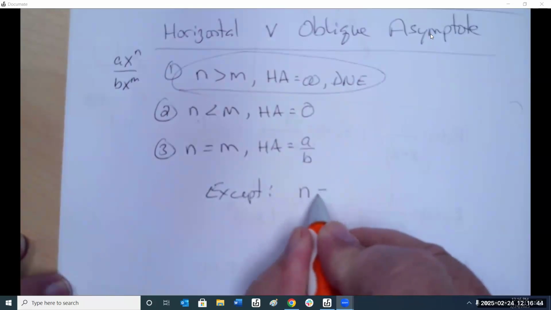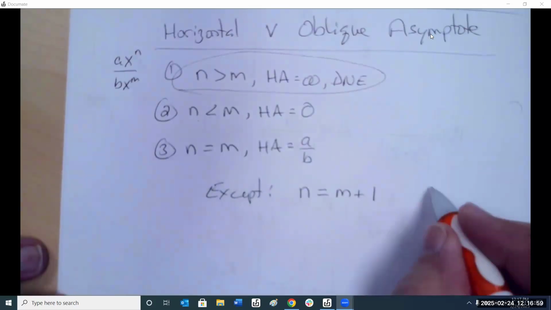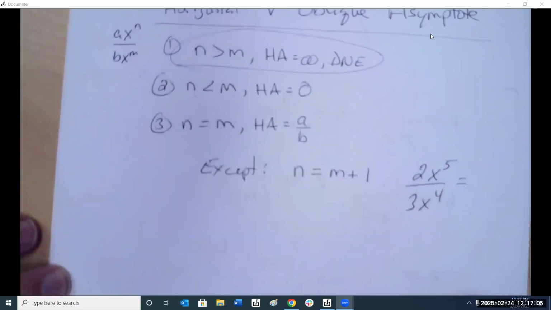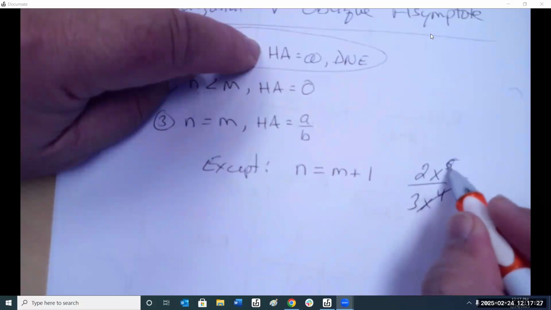Except if the top is bigger than the bottom by 1. So if we had 2x to the fifth over 3x to the fourth. According to our old rule, the top is bigger than the bottom, so it goes to infinity. What happens when we simplify these? How many cancel? 4 of these and 4 of those, this leaves me with 1.